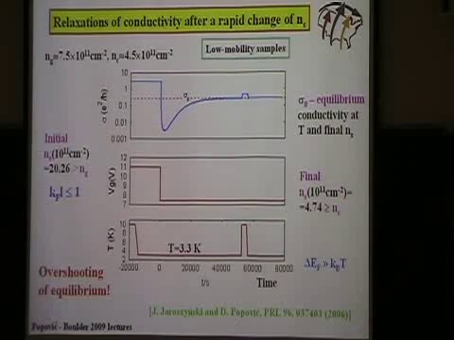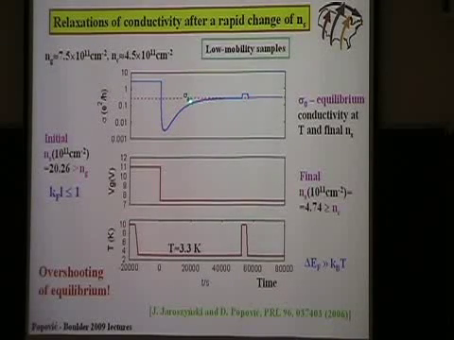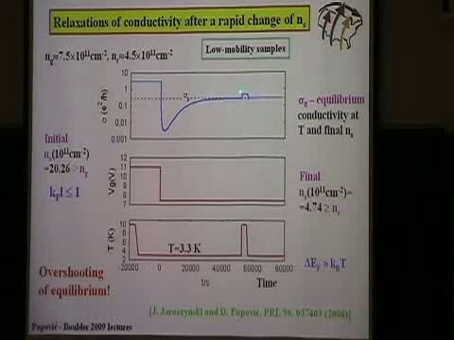It goes away from equilibrium first, and then after some long time, it starts approaching the equilibrium. How do we know that this is the equilibrium value for this new density? Well, you can always warm up to 10 Kelvin, and then when you cool back down, that density ends up in this place. So we know that this is the equilibrium conductivity corresponding to the new density.